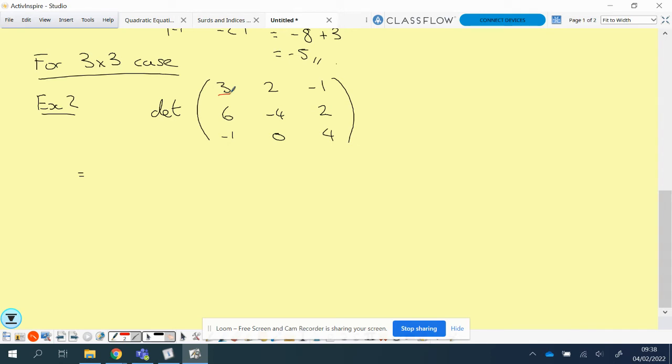So I'm going to use these numbers here. That would be 3, and I'm going to do 3 lots of the determinant of -4, 2, 0, 4. So I've got a 2 by 2 determinant to work out for that bit.